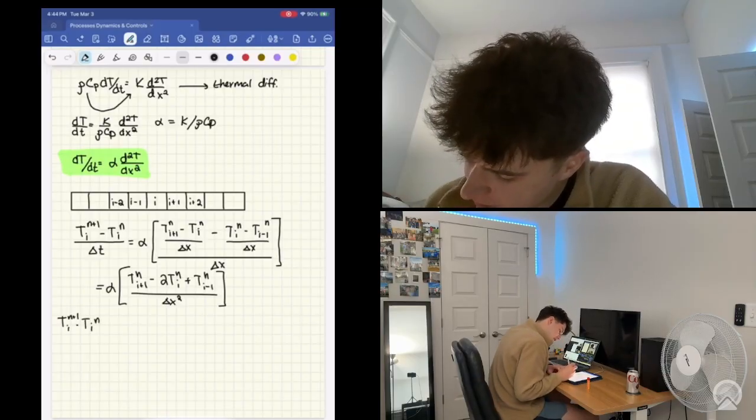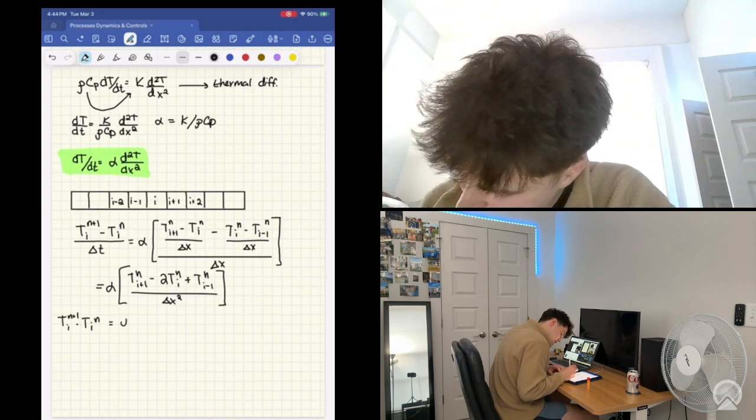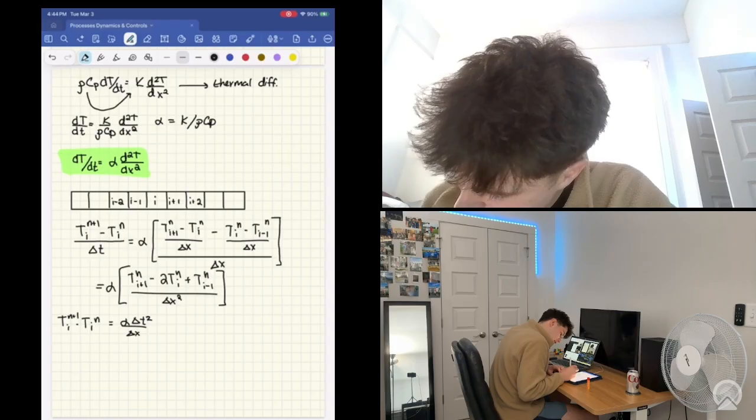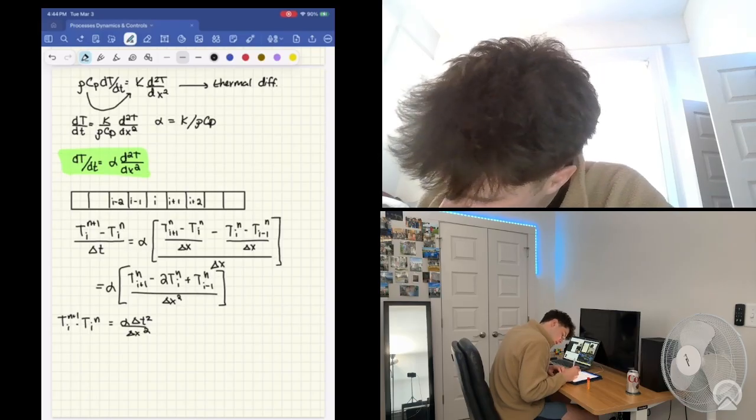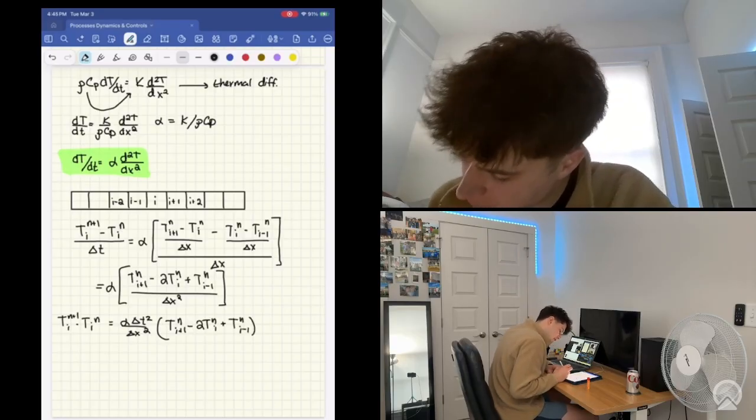Now, we have this T_i^(n+1) minus T_i^n. And now we want to take the delta t over, which gives us alpha delta t squared over delta x squared multiplied by what we have in here, T_(i+1)^n minus 2T_i^n plus T_(i-1)^n. And the final step will be taking this T over.